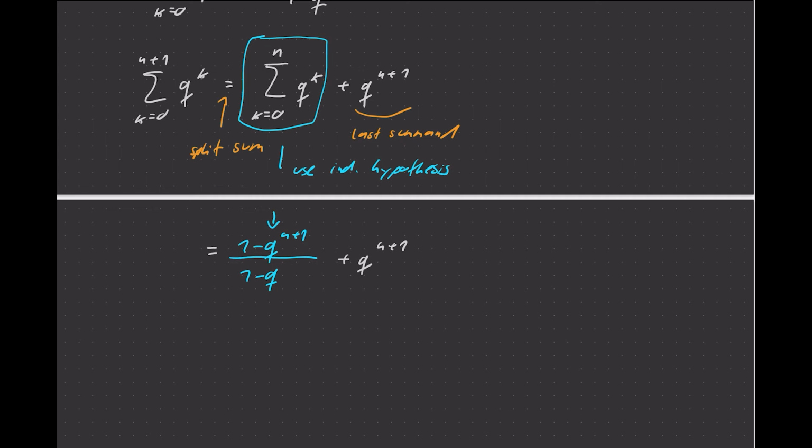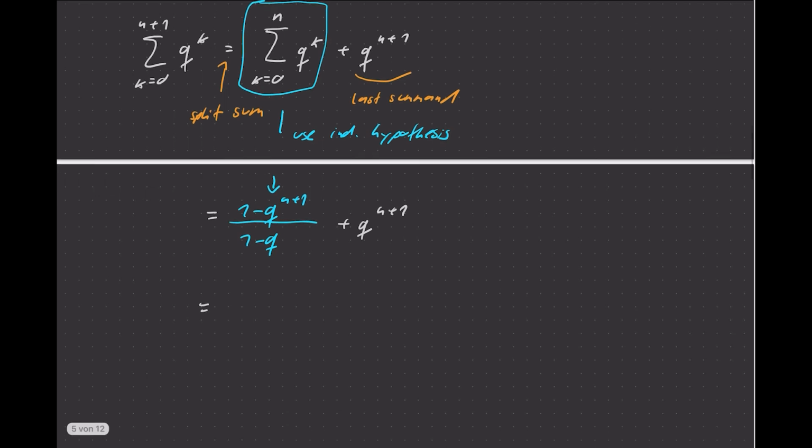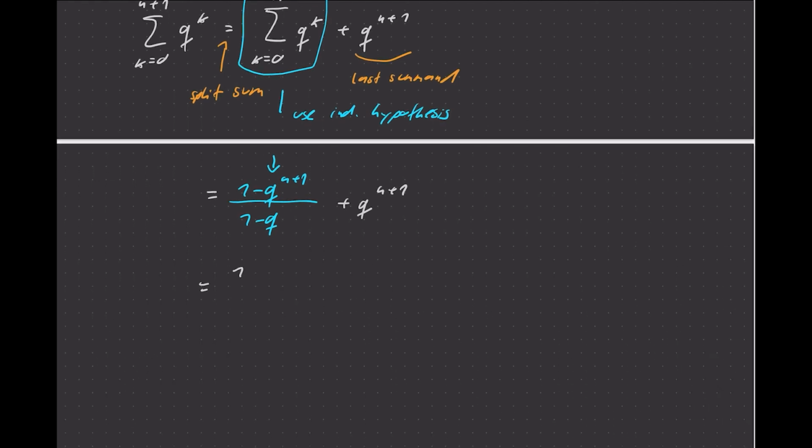Then let's see if that is actually the correct result already. So let's try to simplify this a little. We just put that on a common denominator. So we have 1 minus q to the power of n plus 1 plus 1 minus q times q to the n plus 1 over 1 minus q.